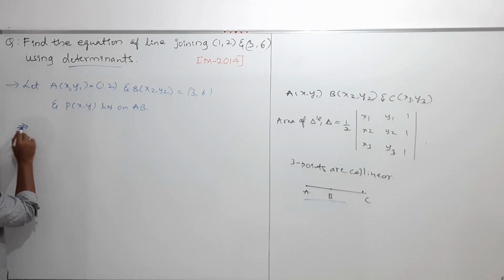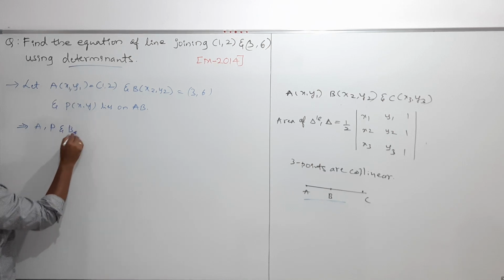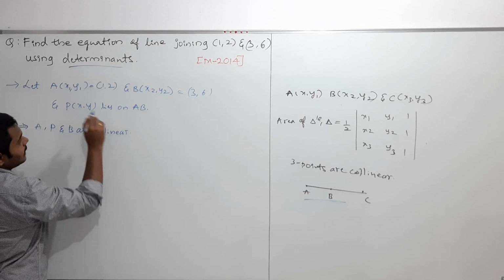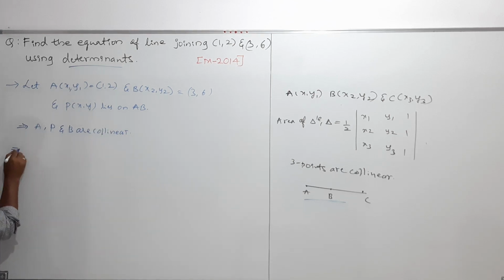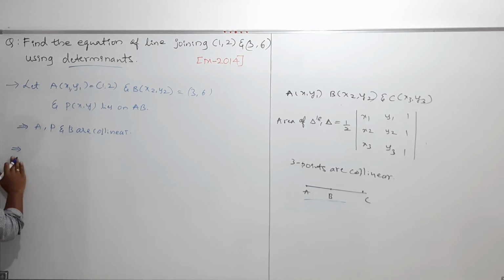So this implies A, P and B are collinear. Since A, P, B are collinear, we know that if 3 points are collinear, then the area of the triangle formed by these 3 points is equal to 0.